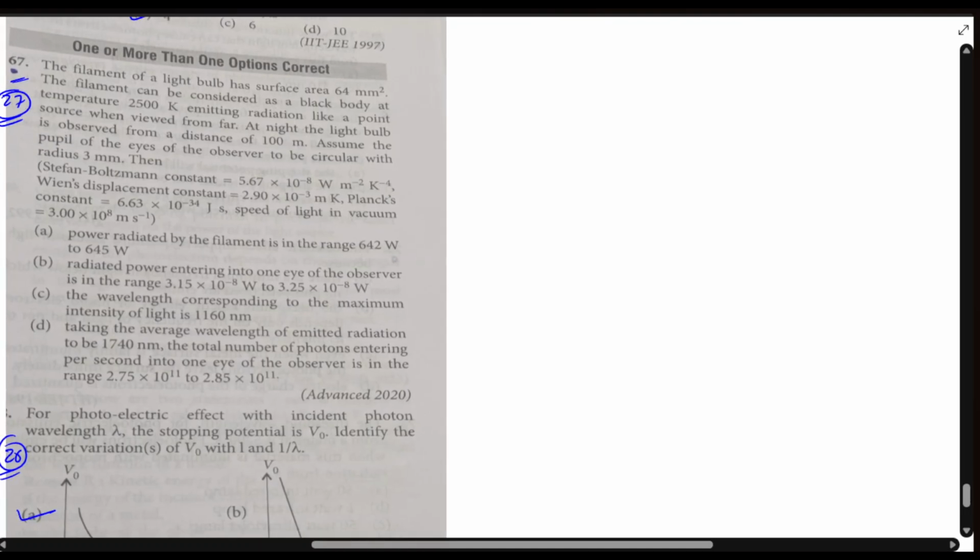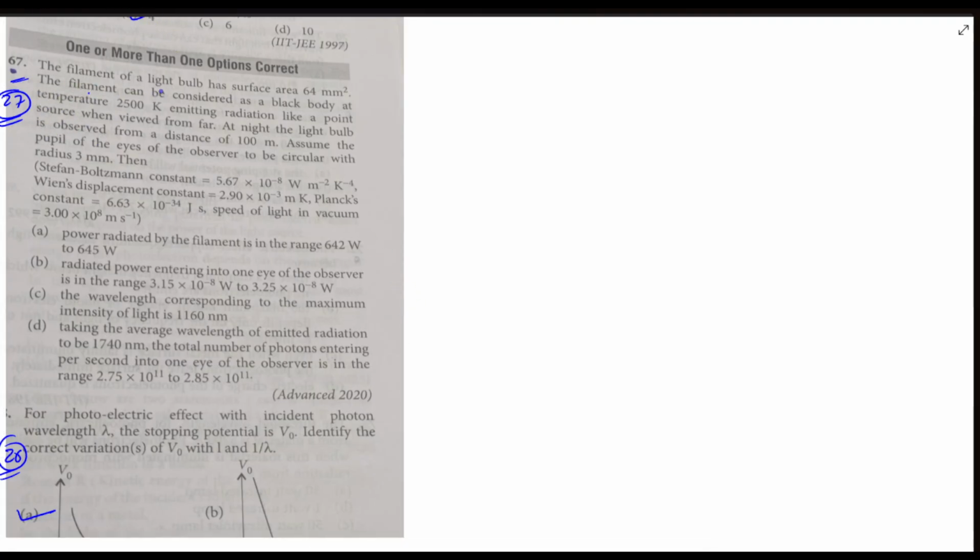Now, okay, perfect. So in this question, let me decrease this length a little bit, right? We have a filament of a light bulb with surface area 64 millimeter square. So we have a bulb whose area is this. The filament can be considered as a black body at a temperature of 2500 K. Now it emits radiation like a point source viewed from very far.